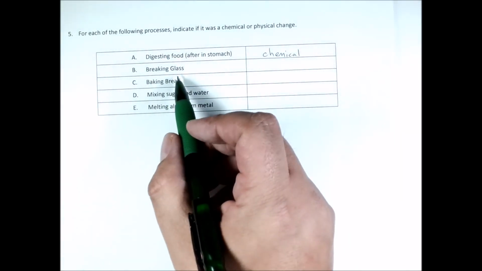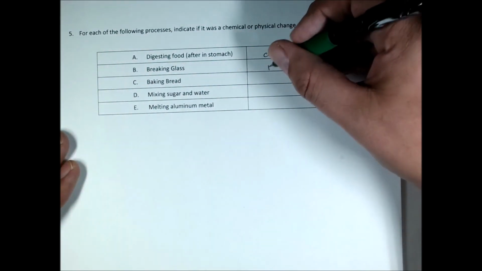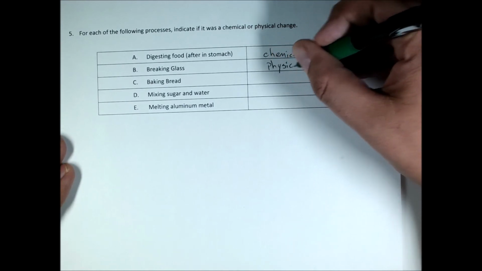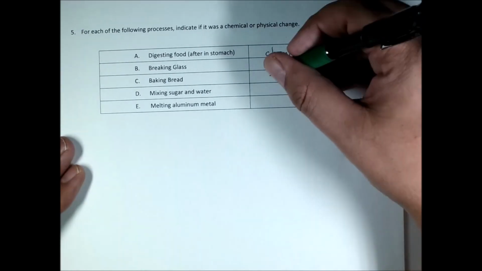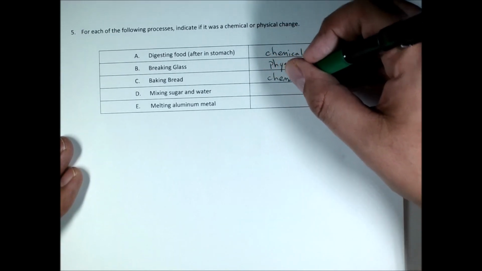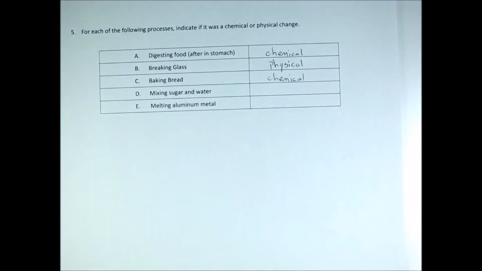Next one here, breaking glass. Physical. Baking bread. That is a chemical change. The way you can remember that is that whenever you cook something, you are changing the chemical structure of it. And when you think about it, after your bread is baked, you probably can't get your eggs and your flour back, can you?